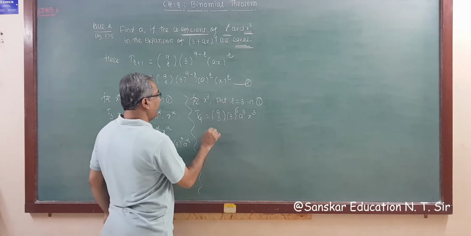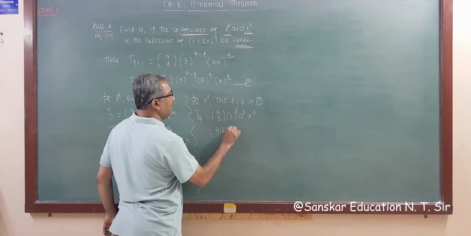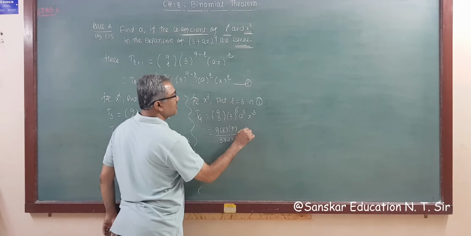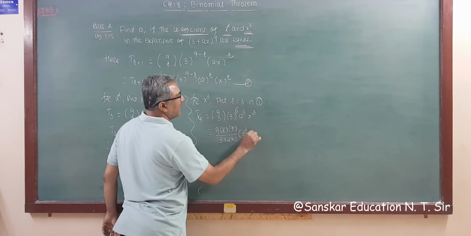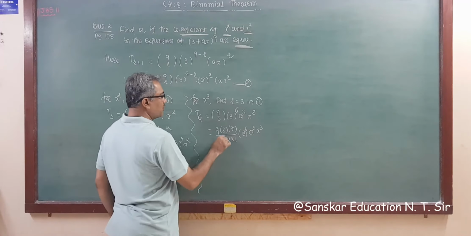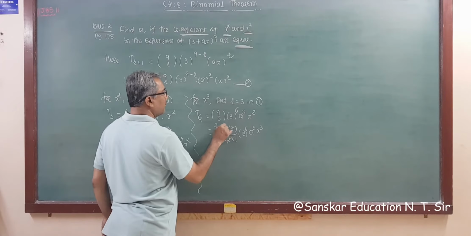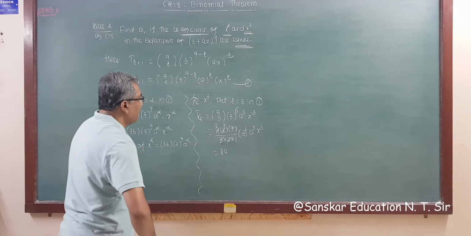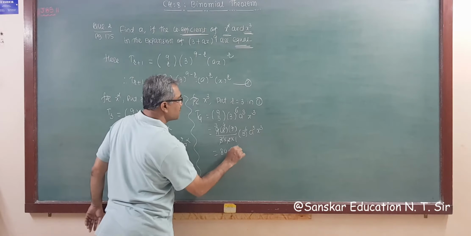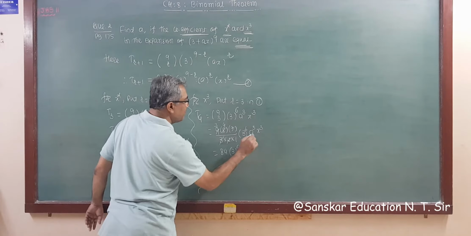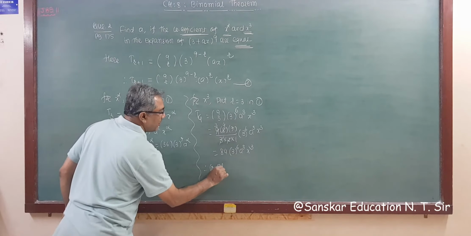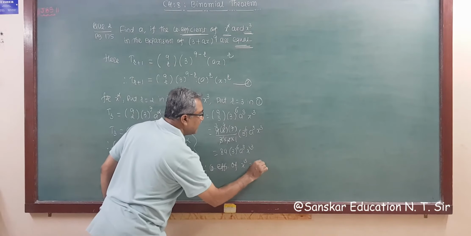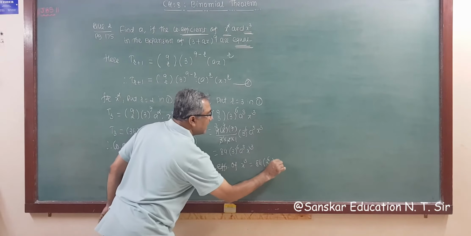Now 9C3, that is 9 into 8 into 7, divide by 3 into 2 into 1, so 3 into 3 and 2, right? So this is 84. This is 84 into 3 raised to 6, a cube, x cube. Therefore, coefficient of x cube is equal to 84 into 3 raised to 6 into a cube.